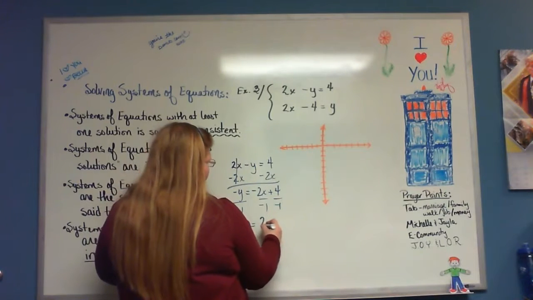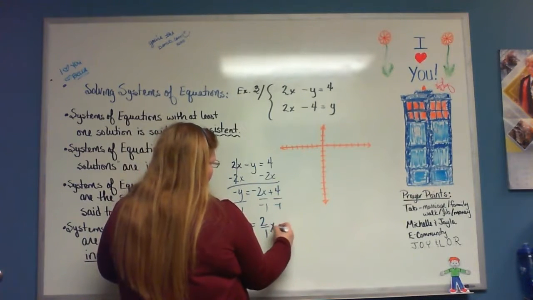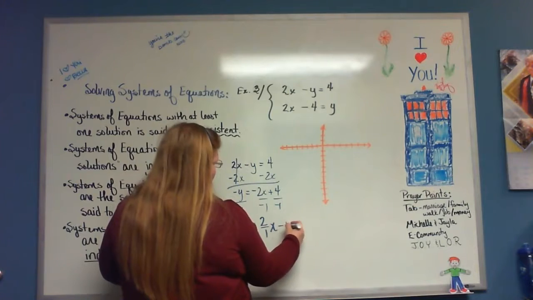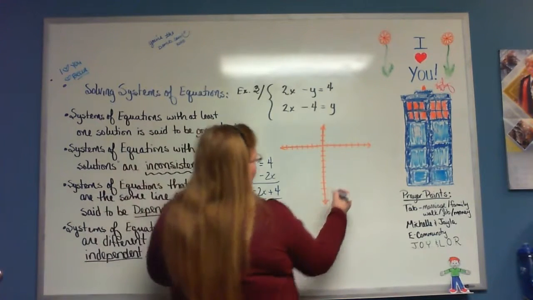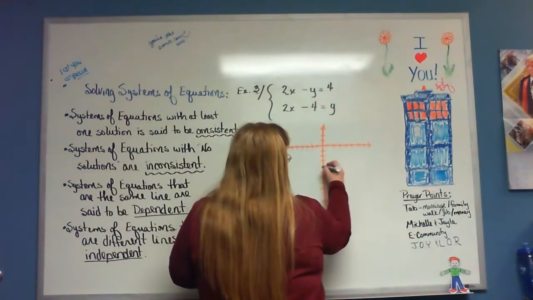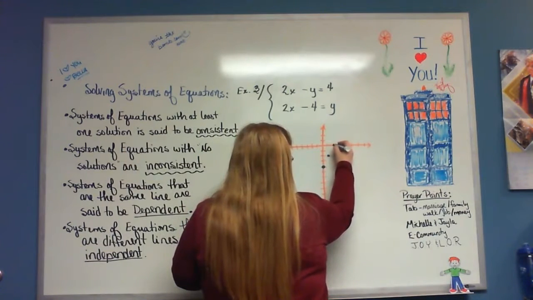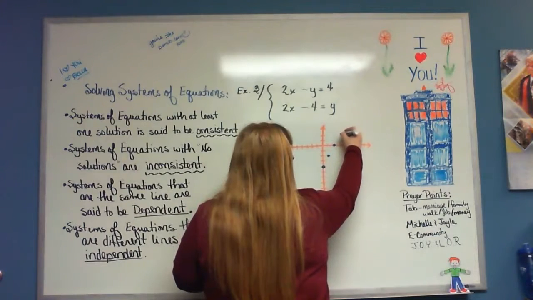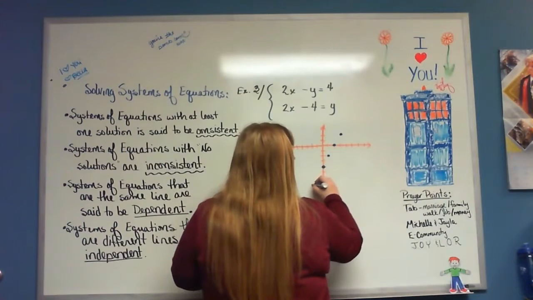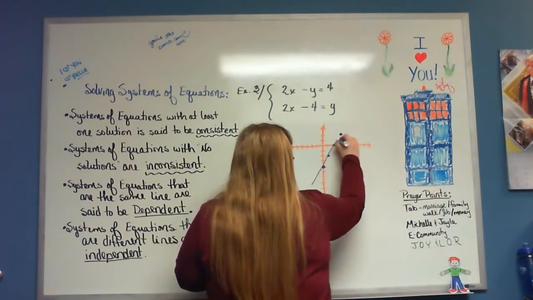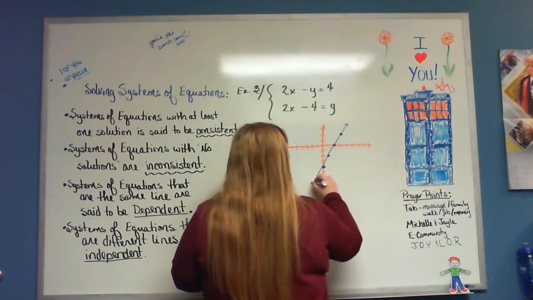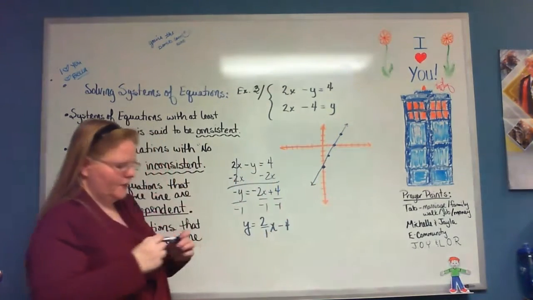Y equals 2 over 1x minus 4. 1, 2, 3, 4. Up 2 over 1. 2 over 1. 2 over 1.